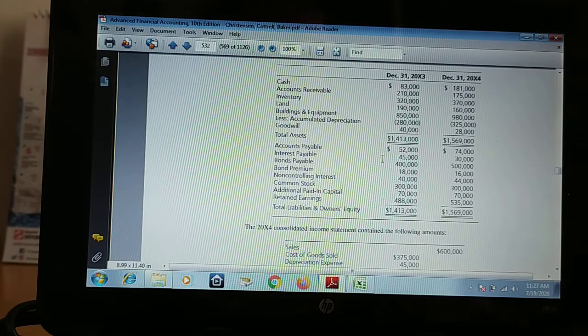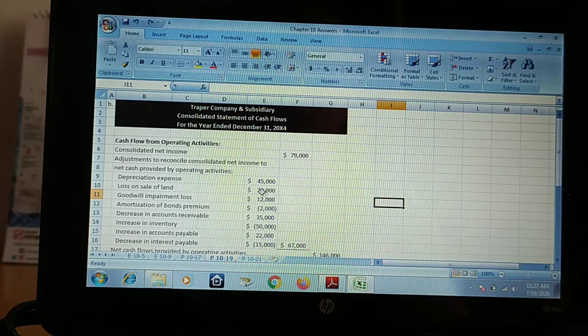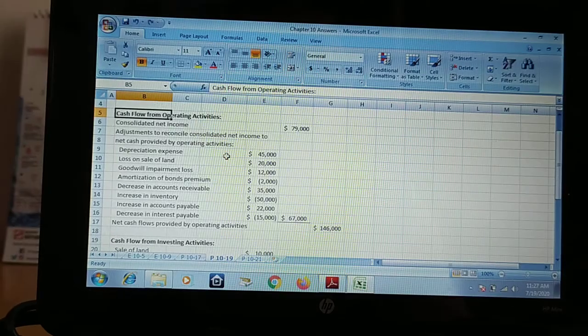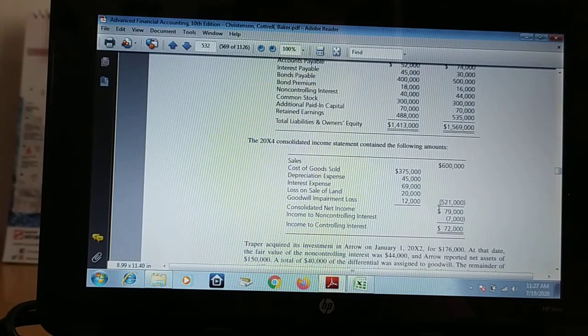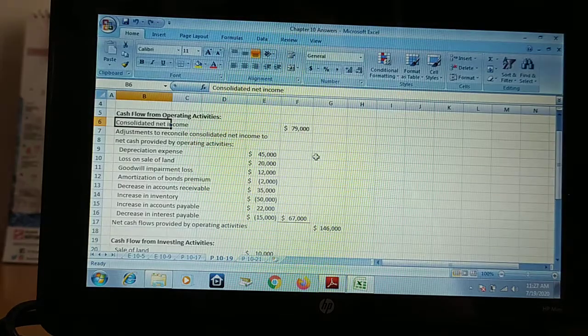After we have calculated the increases or decreases, we can go directly to the cash flow from operating activities. The consolidated net income, from the consolidated income statement, is 79,000. Then the adjustments to reconcile consolidated net income to net cash provided by operating activities.